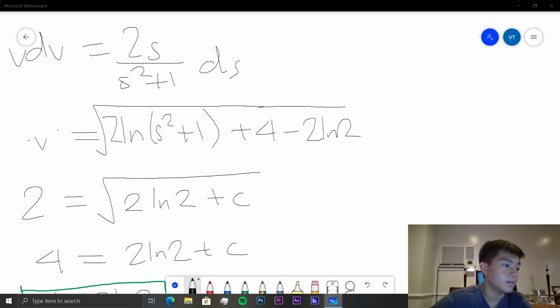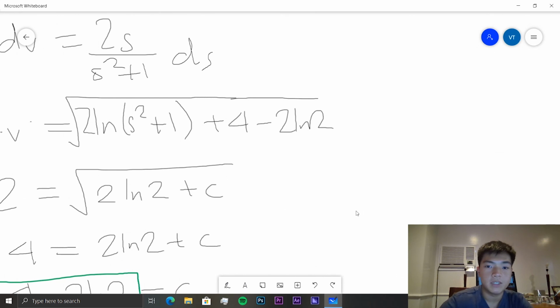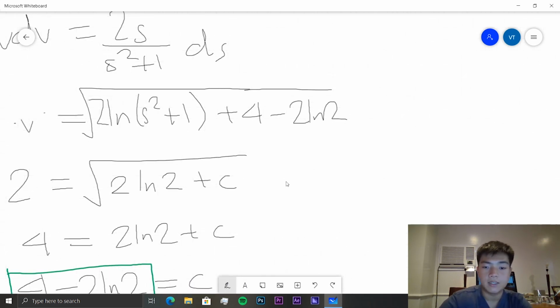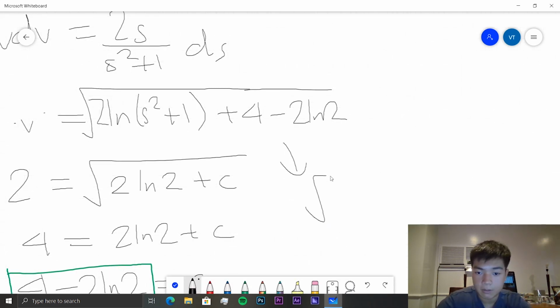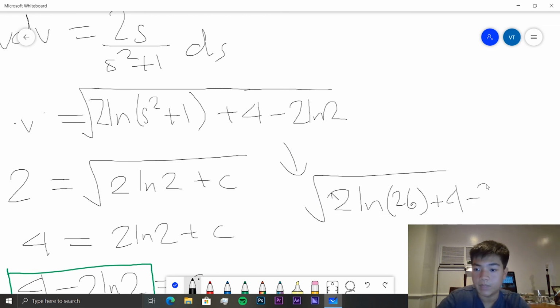And next, we need to find the velocity when the object has traveled 5 meters. And that's okay. We just substitute 5 into there. So that's equal to the square root of 2 ln 26 plus 4 minus 2 ln 2.